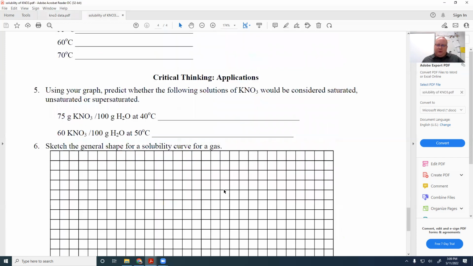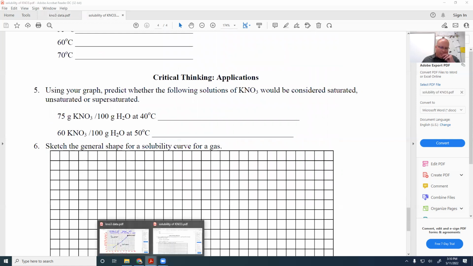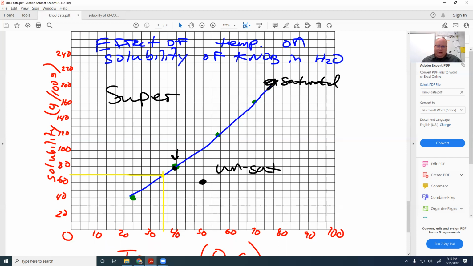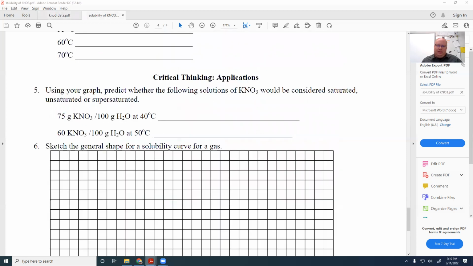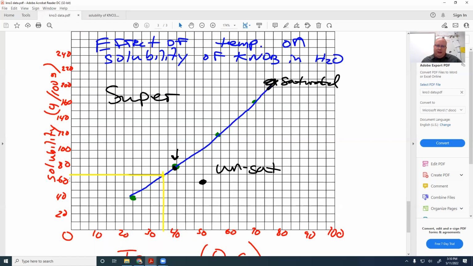But for the next one, according to my data, 60 at 100 at 50, well, if I go to 50 degrees right here, and I go to 60 out of 100, right there, this line, and we go to 50, that's the dot there. That's clearly in the unsaturated zone.